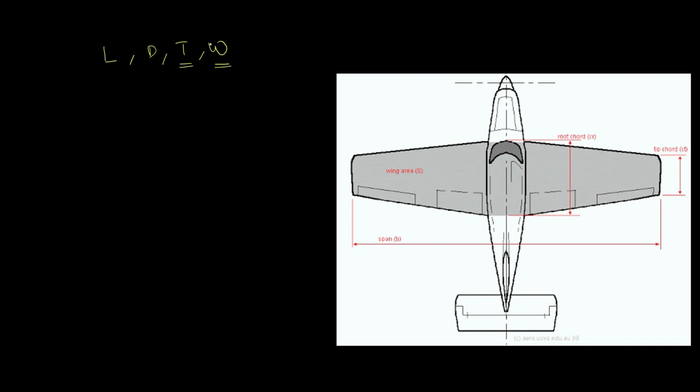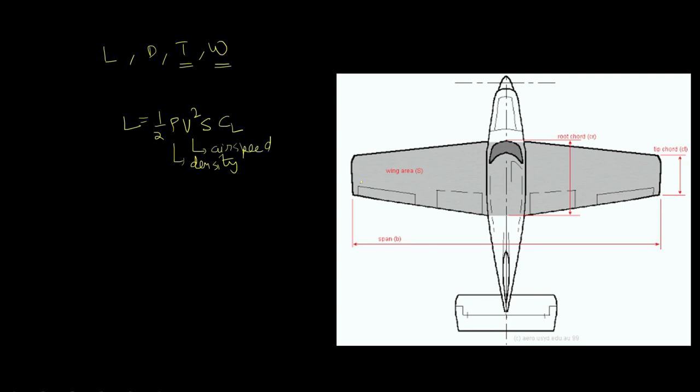Now there are two aerodynamic forces which are acting on the airplane. One is lift, one is drag. Now let us see what lift is. Lift is the force which acts in the vertically upward direction. Lift is basically that force which keeps the aircraft flying, and the formula for lift is L is equal to half rho v square S CL, where rho is the air density, the density of the air in which the aircraft is flying, and V is the air speed.